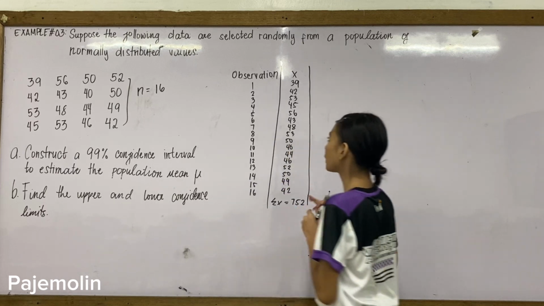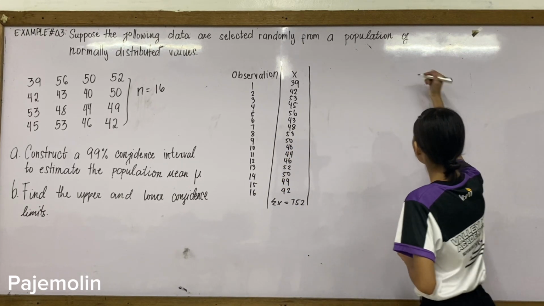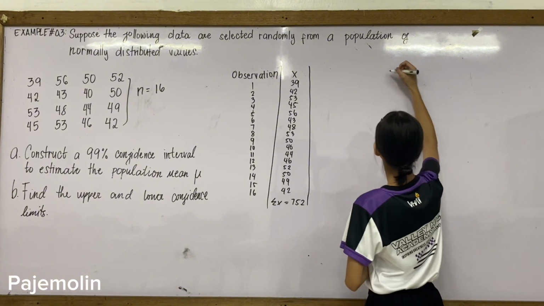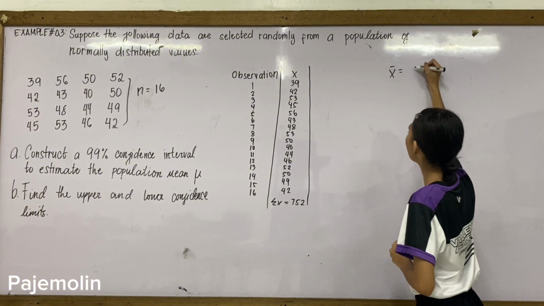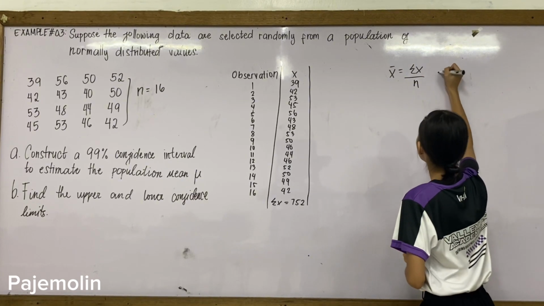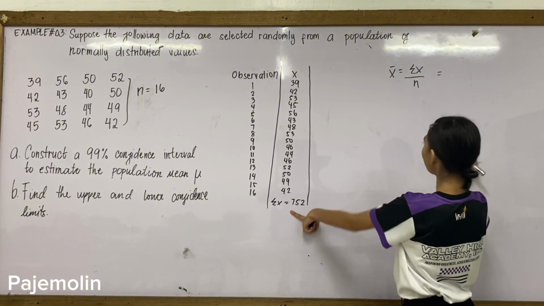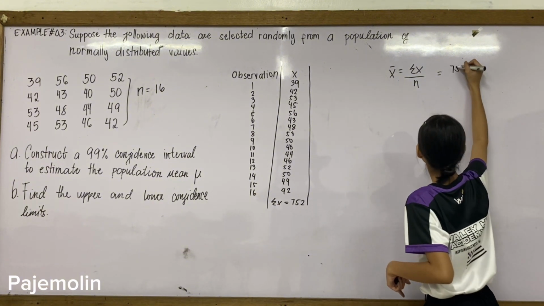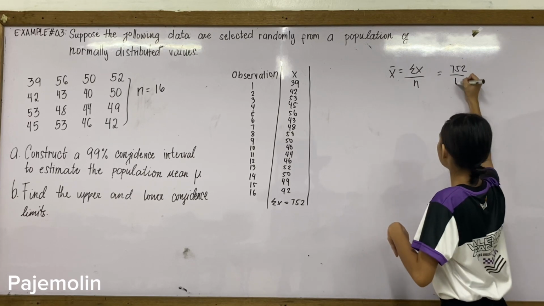In order for us to complete the table, we have to find the sample mean. For our sample mean, we have the summation of x over n. So we substitute our summation of x, which is 752, and our n is 16.